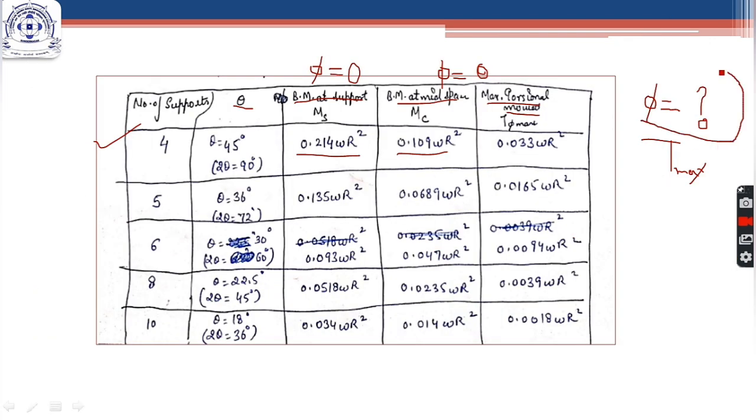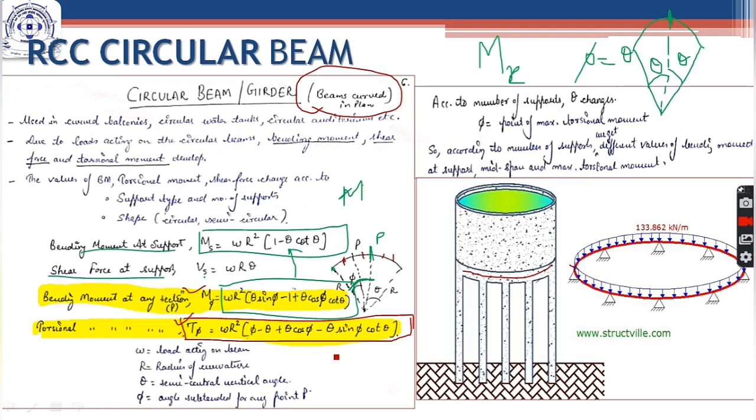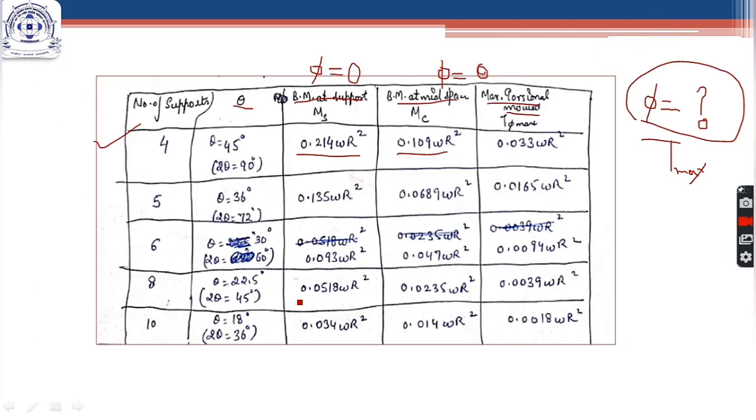How you get this phi value, I will also explain in the question. If you can memorize this table, well and good, which is quite tough actually. If you don't want to memorize it, just memorize both these formulas and understand the concept of how this works, and you will have no problem in the design.